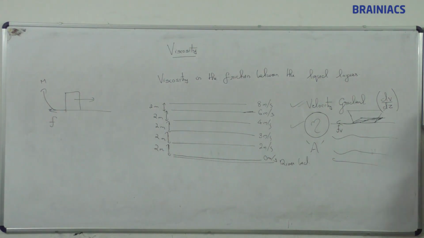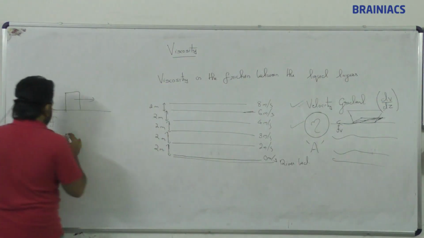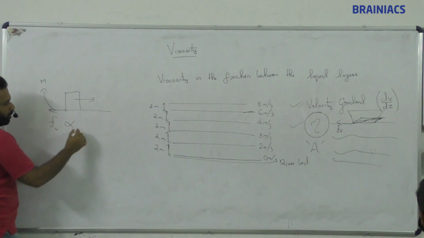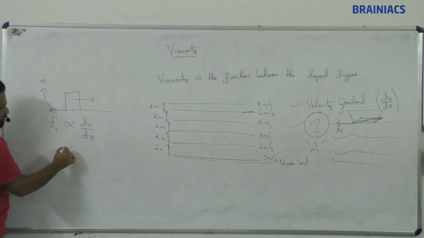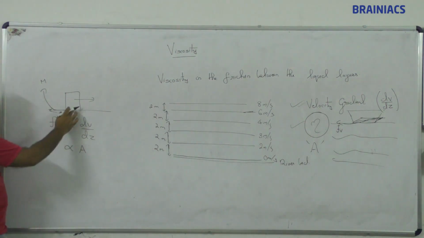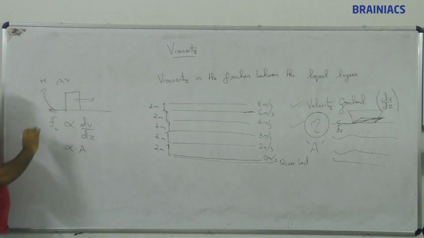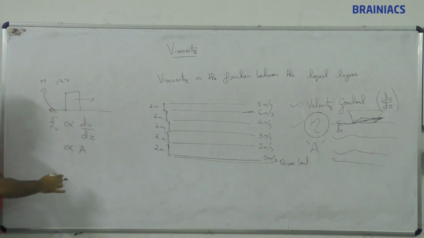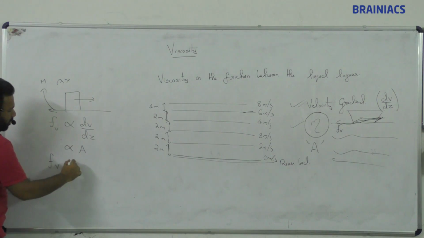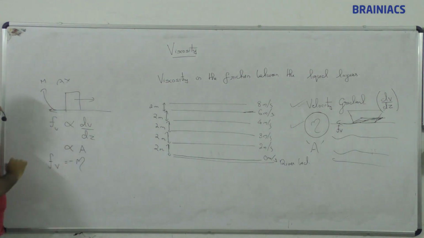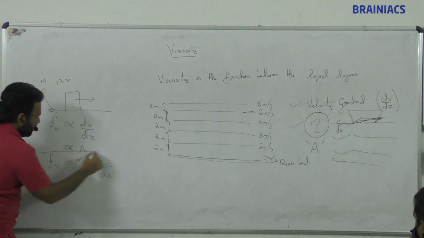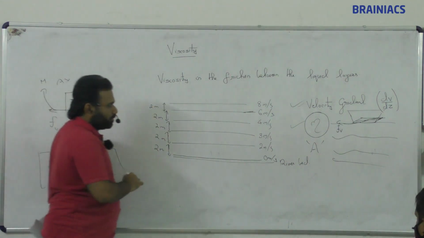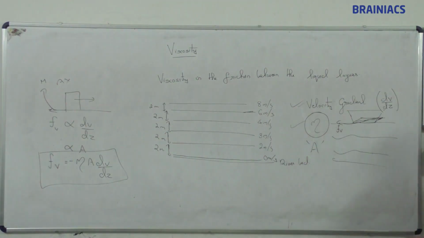So viscous force is proportional to velocity gradient, and this is proportional to the area in contact. In this case, which is not there generally in friction, but in viscosity, area is also a matter. Then minus of coefficient of viscosity A dv by dz. This is the viscous force. That's it.